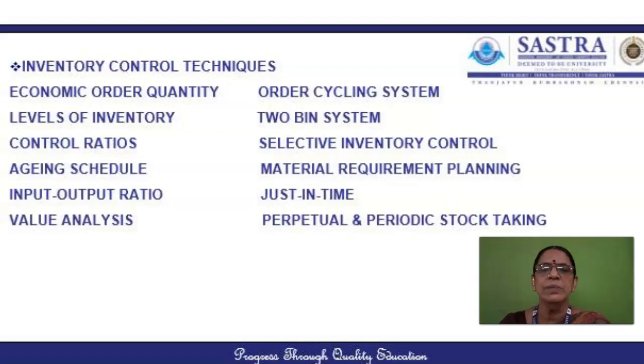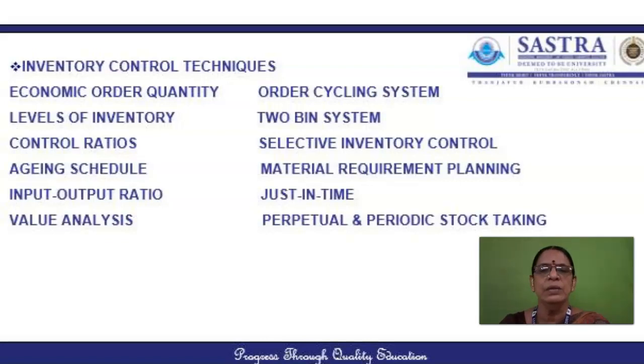Safety stock is maintained to account for increase in demand during the lead time. The system may be explained as follows. We have time on the x-axis and stock level on the y-axis. We have the safety stock, which is parallel to the time axis. So we have a minimum level of stock maintained as safety stock and we have a maximum level.